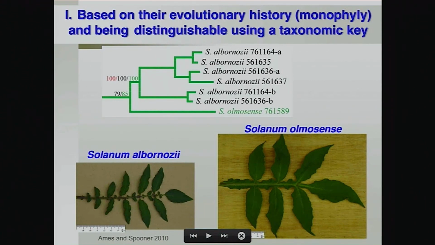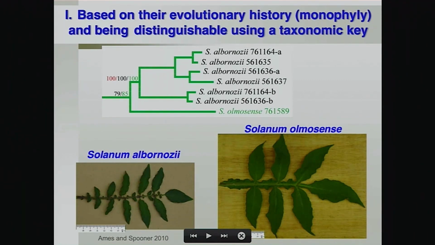For example, some species based on their evolutionary history, of the monophyly, because those were formed monophyletic clades, and can be distinguished using taxonomic keys. For example, here, Solanum albornozi and Solanum olmosense.